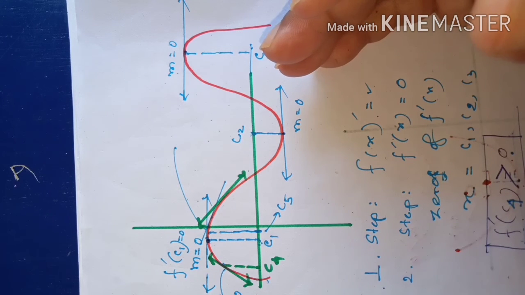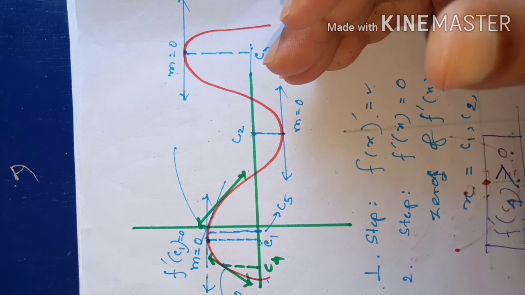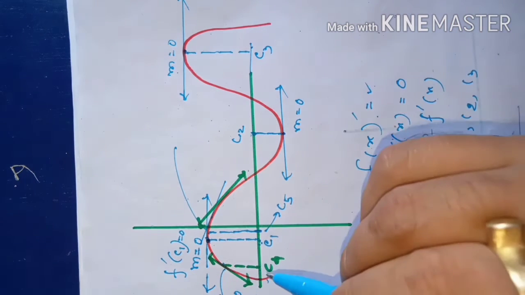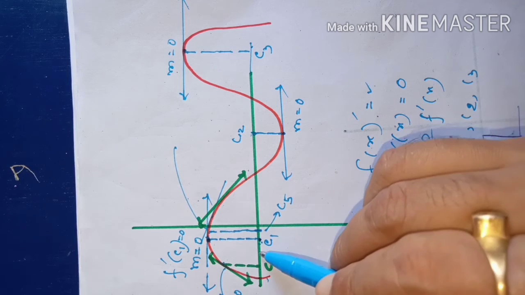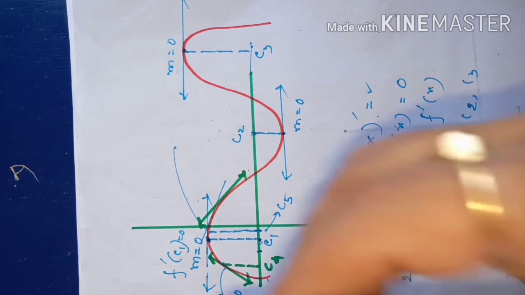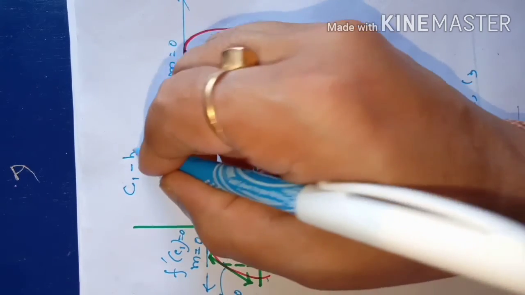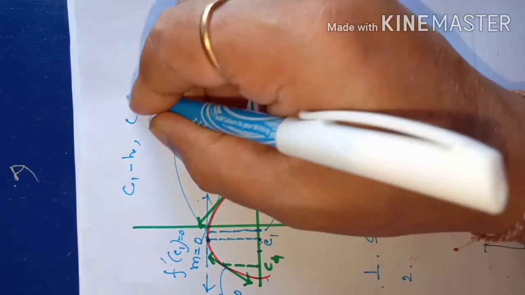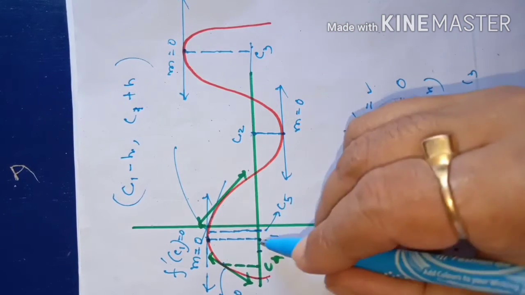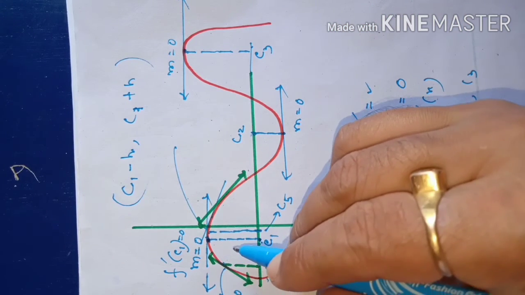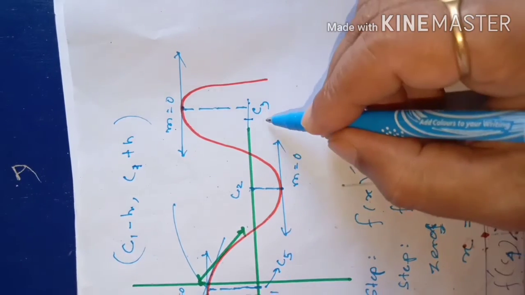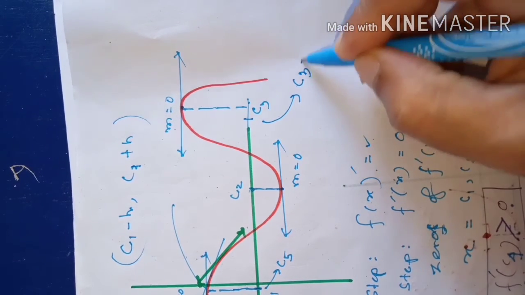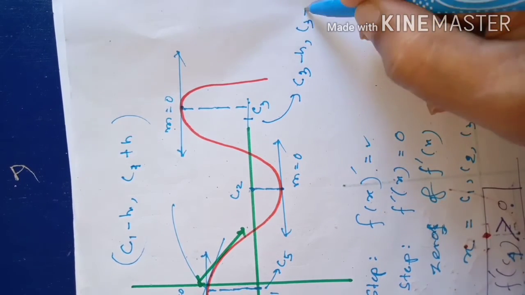If we talk about a particular maximum value within a certain interval only, then we call it a local maxima. That means this C1 is a local maxima within the interval C1 minus h and C1 plus h. In this interval only, C1 is a point of maxima, and C3 is a point of maxima in the interval C3 minus h and C3 plus h.